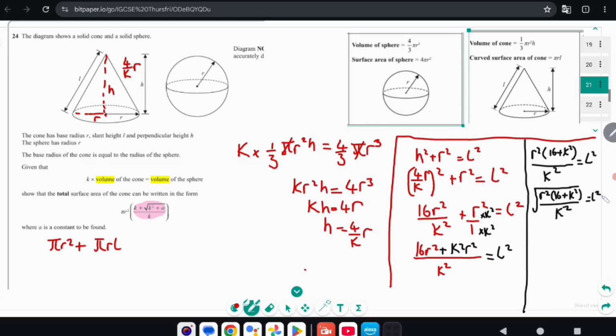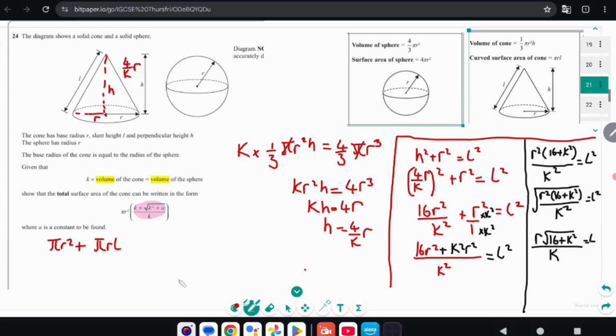So what can we square root here? We can square root the denominator of k squared. We can square root the r squared. But because the 16 is involved in a plus k squared, I have to leave that under the square root.